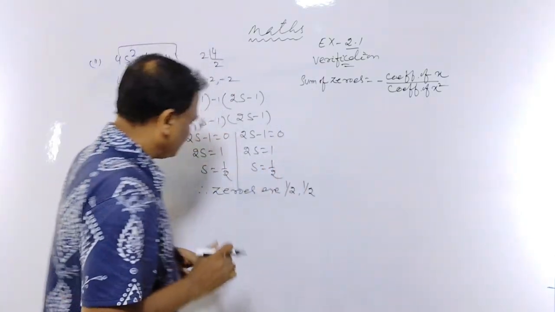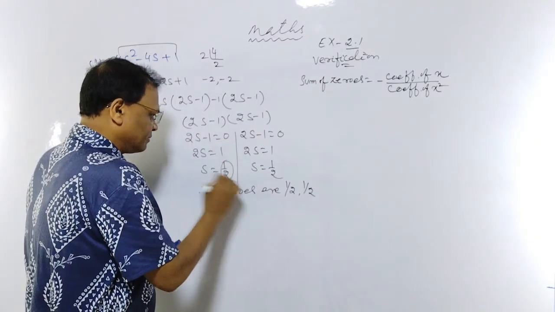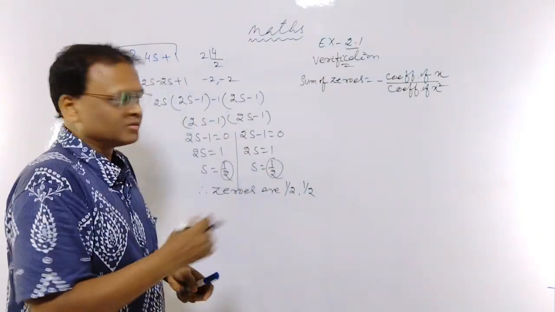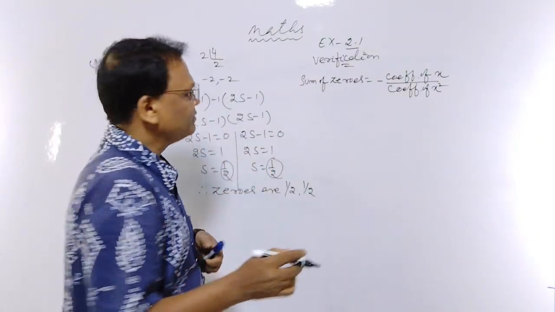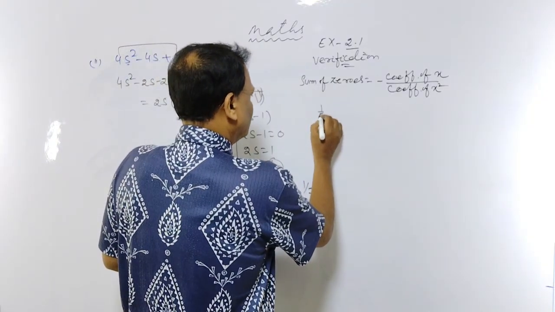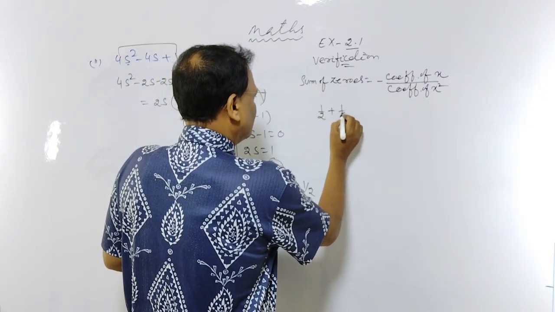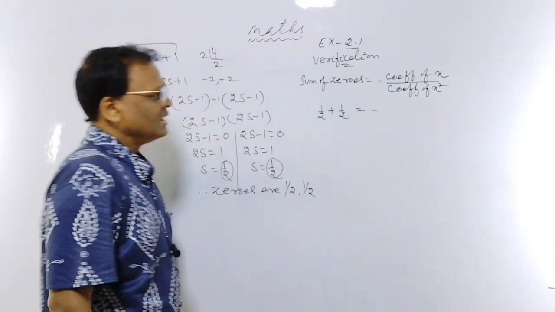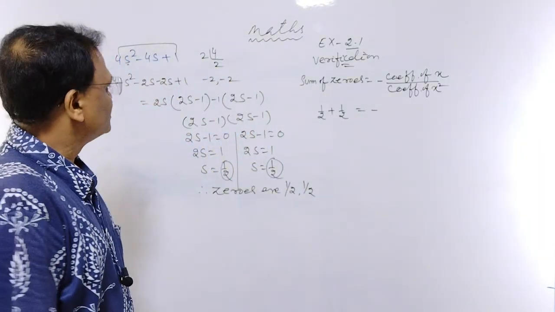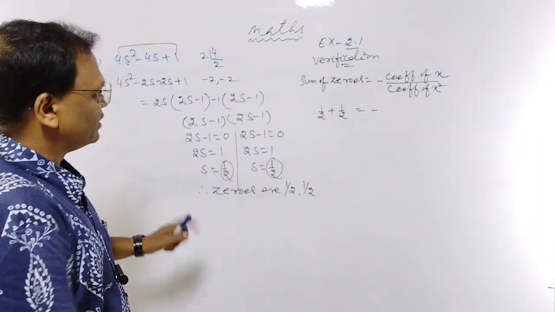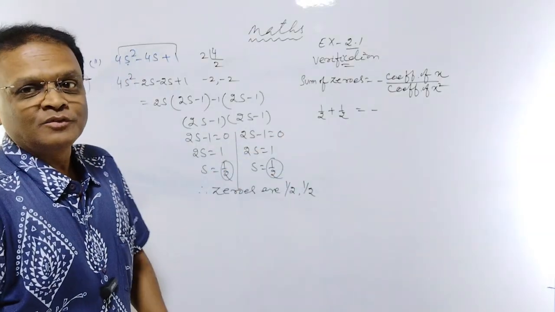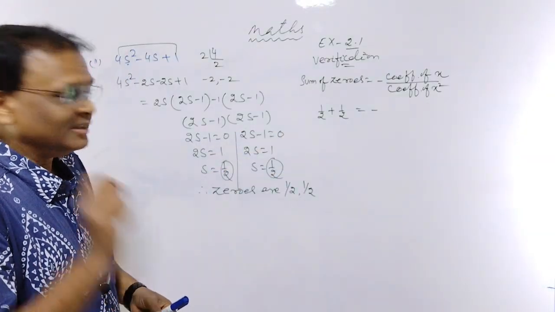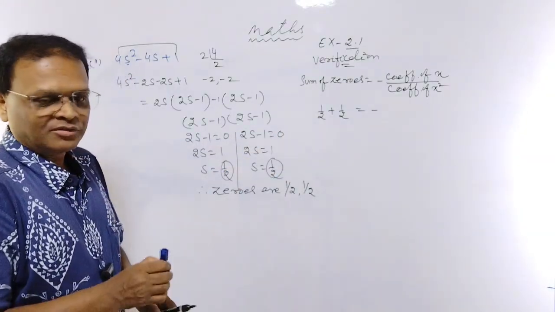Sum of zeros. What are my zeros? These are my two zeros. So write that the two zeros are 1 by 2 plus 1 by 2, which is equal to minus the coefficient of x. Sorry, why did I write coefficient of x? In fact, here you must be very careful.